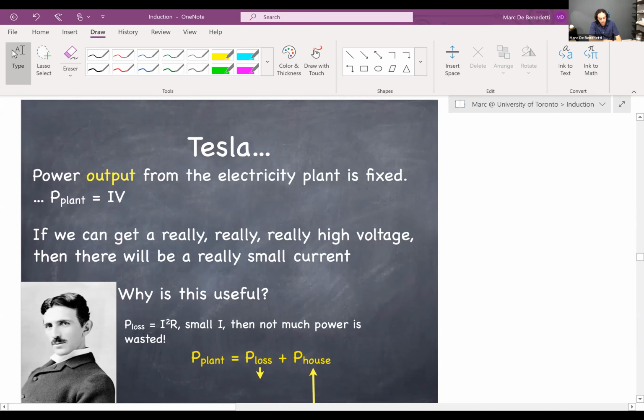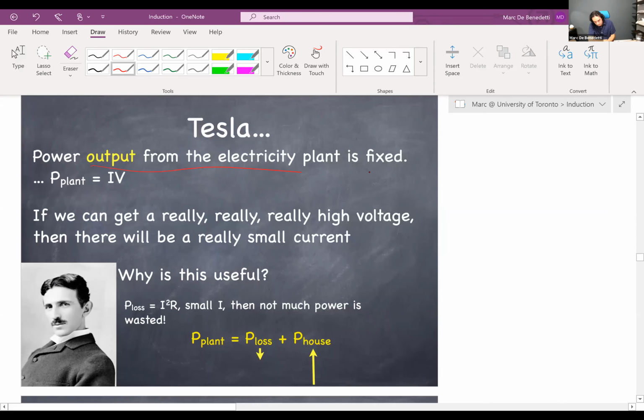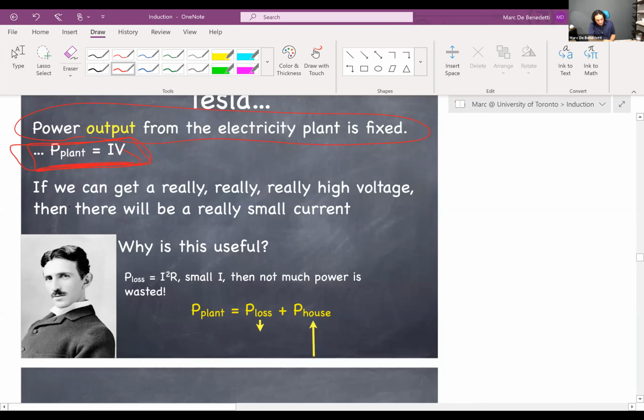But what Tesla was trying to explain is that the power output from the electricity plant is fixed. Okay, so what kind of power output do you get from a power plant? Well, we know power is IV. Now if we can get a really, really, really high voltage, then the current leaving the power plant can be very small.